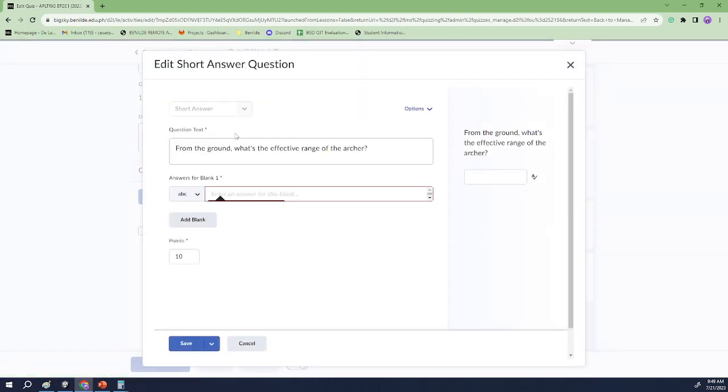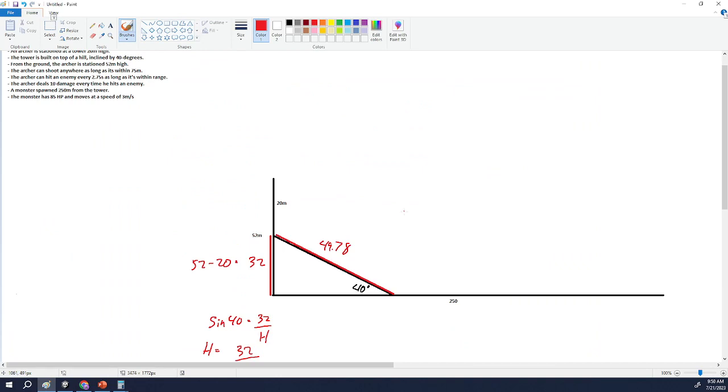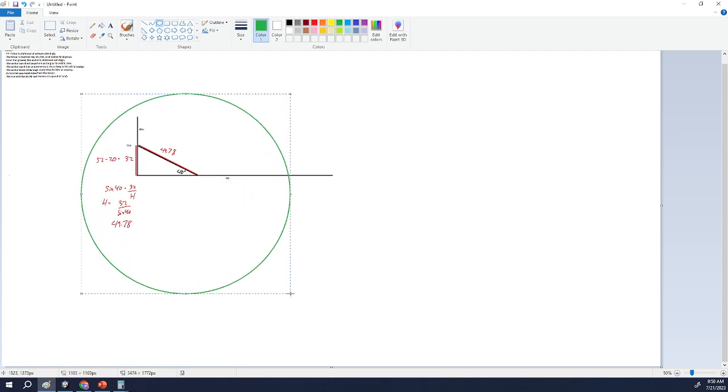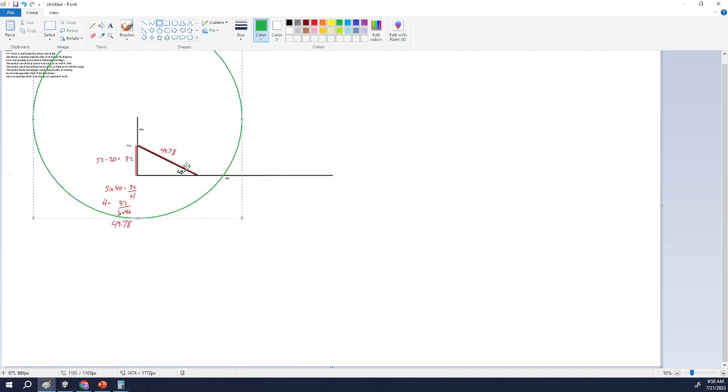Next, from the ground, what is the effective range of the archer? If you recall, I used a circle here to represent the range of our archer. And I said that it is 75 meters, meaning in the circle the radius is 75, right?